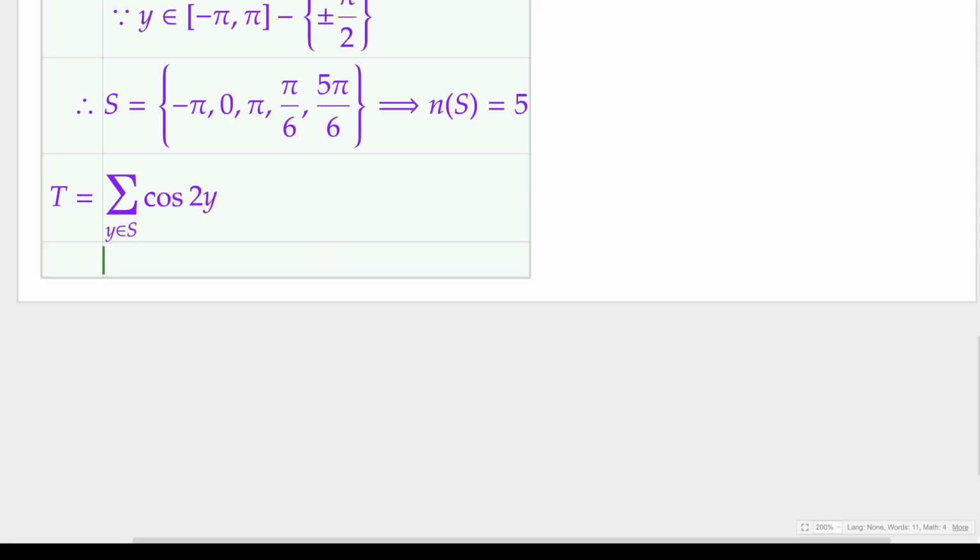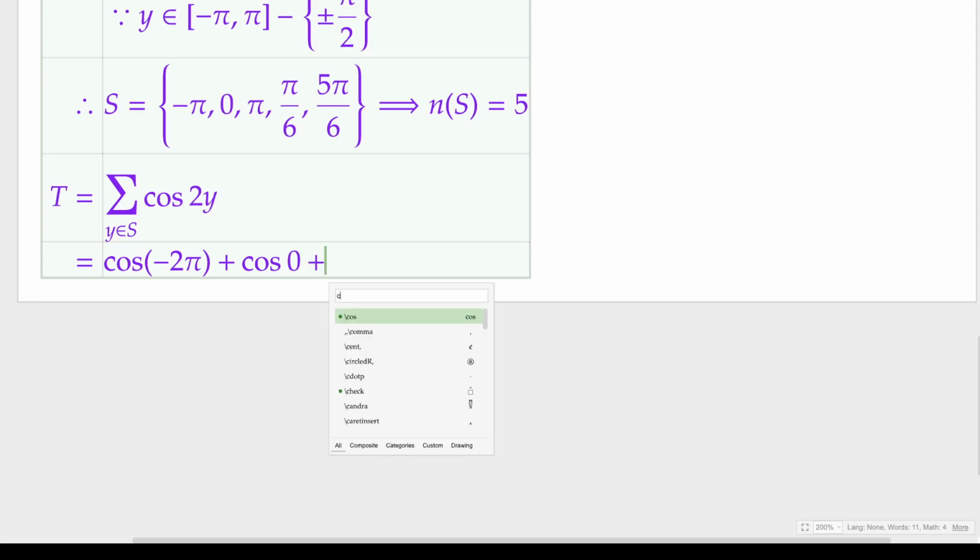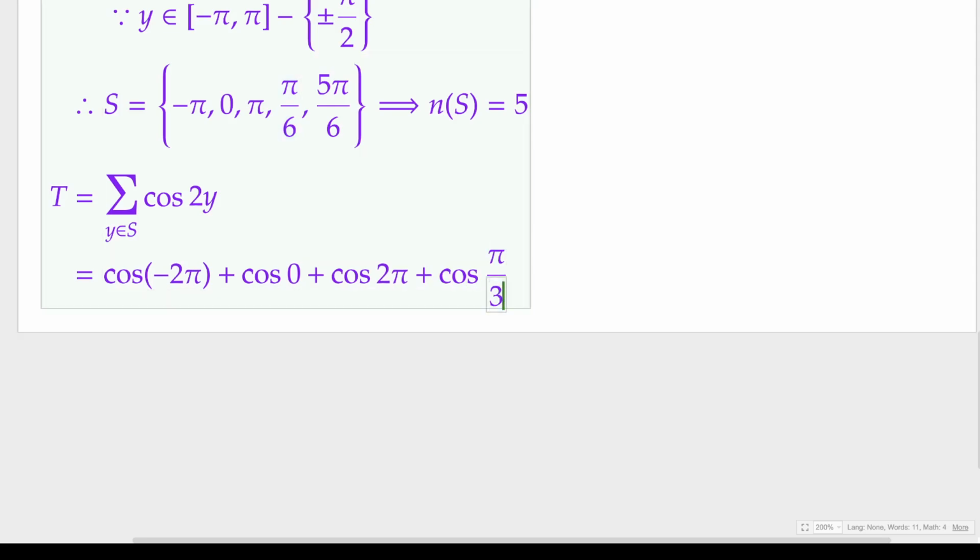Here this can be written as cosine of negative 2 times pi, plus cosine of 0, because cos 2y is given, and then plus cosine of 2 times pi, and then plus cosine pi over 3, because this 2 will multiply with pi over 6, so that becomes pi over 3 here.